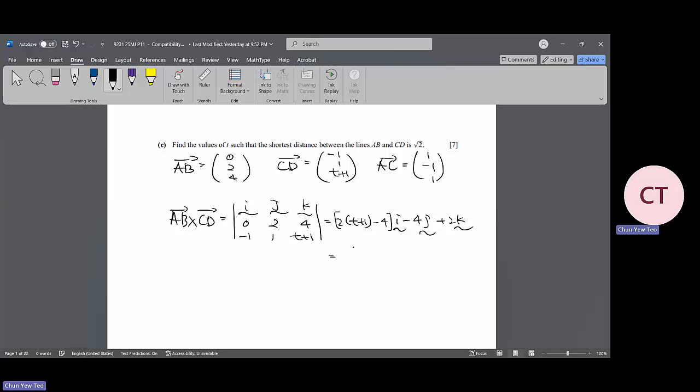So we can simplify them in a matrix form. We have 2t minus 2, negative 4, and then 2.